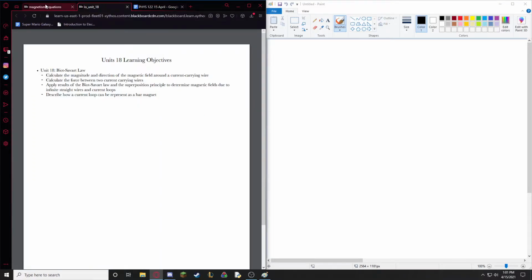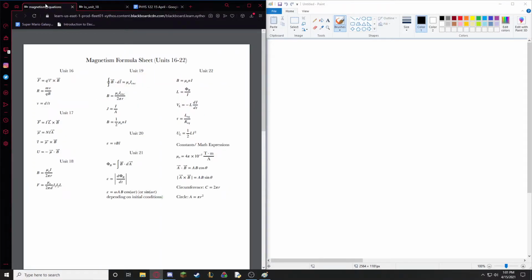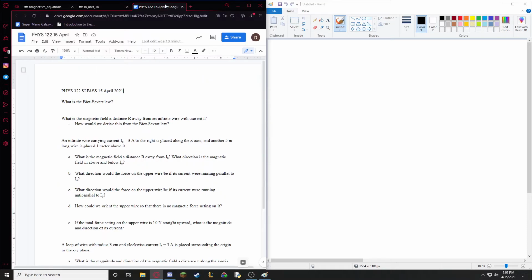Actually, it doesn't give you the full Biot-Savart law in your formula sheet, but he gives you the simplified version for what you guys need. Well, the Biot-Savart law, at least for what you all are seeing in this class.